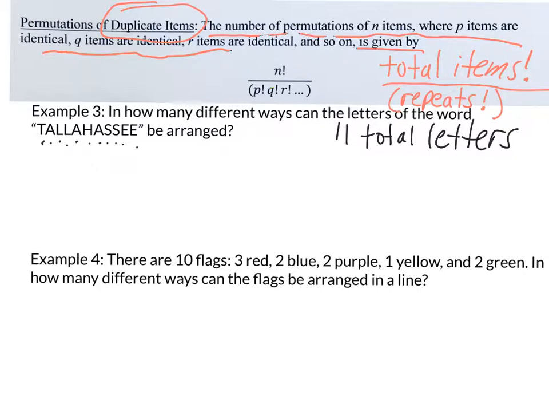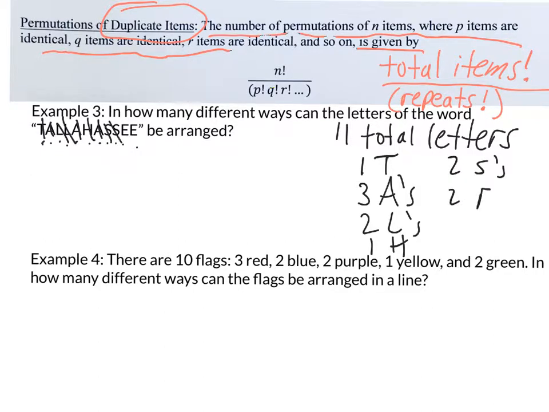So we have 1 T, and I'm going to slash as I go just to make sure I don't forget any letters. So there's 1 T. There are 3 A's. 1, 2, 3. There are 2 L's. There is 1 H. There are 2 S's. And there are 2 E's. There we go.